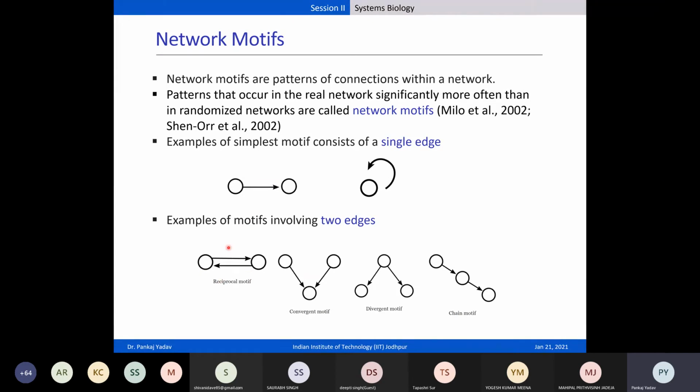These kinds of motifs are also of interest, and then you can have convergent and divergent motifs, and chain motifs. These are all possible motifs with two edges. And then there are other motifs involving more edges, like motifs for three edges. So the complexity increases as the number of edges increases. That is very obvious, right?